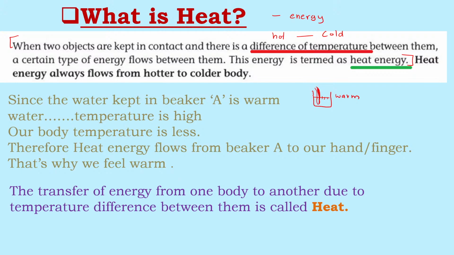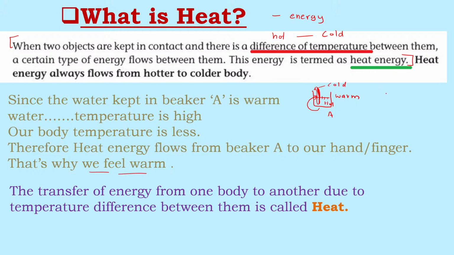This is hot, our finger is cold. So there is a transfer of heat from the warm water to the finger. There is a temperature difference, isn't it? Therefore, the heat energy flows from beaker A into the finger, and that's the reason our finger was feeling warm.